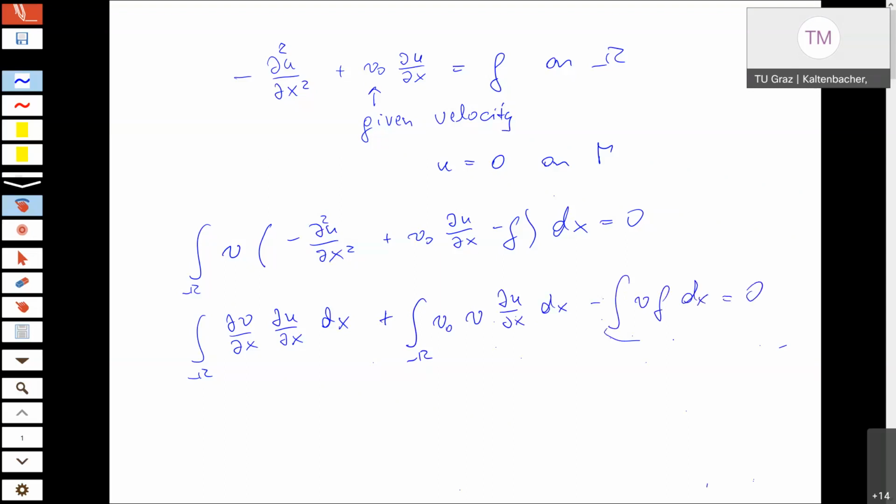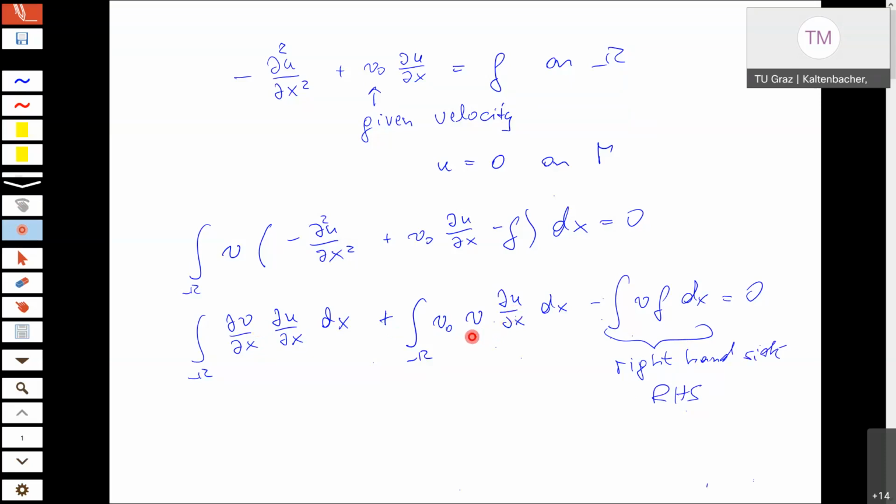So this is our, as we call it, right hand side, or RHS. And here you now immediately see it. Here you can exchange v with u. There will be no change. Here you cannot exchange the test function with the unknown physical quantity. It would be something different.